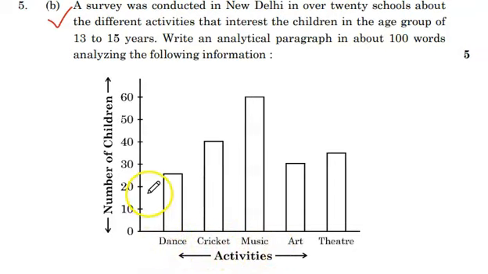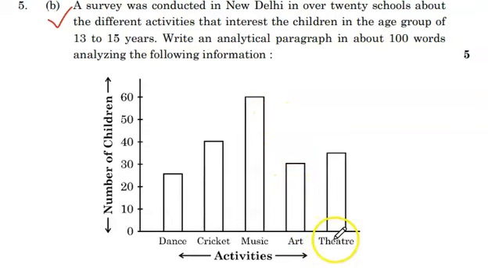So you see here, out of 60 respondents, around 25 are showing interest in dance. Then cricket is the second most popular, you can say, or most favorite activity. But music, of all the 5 activities, music emerges the most liked or most engaging activity of all.